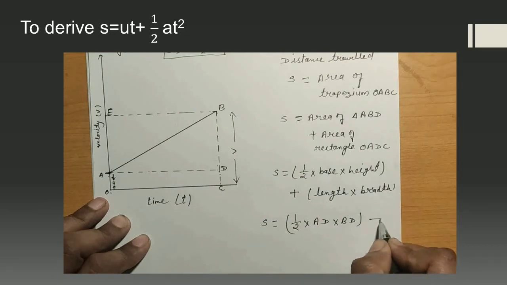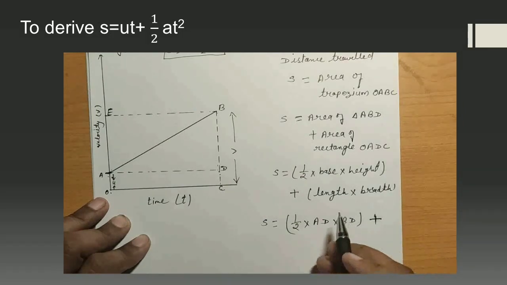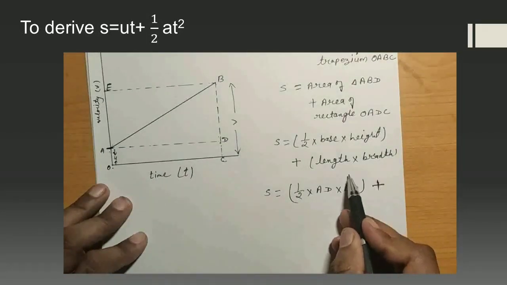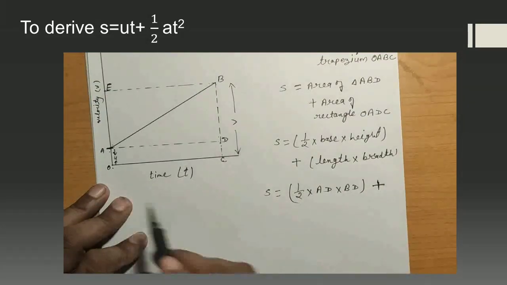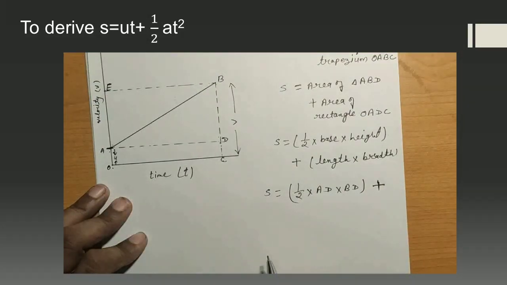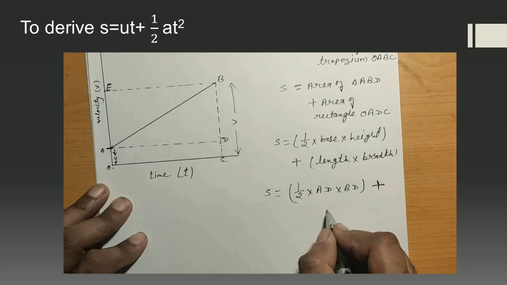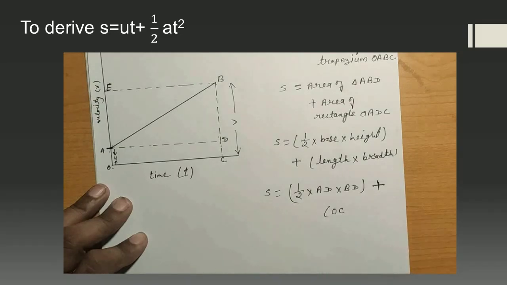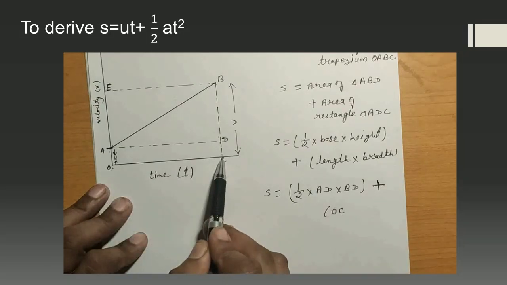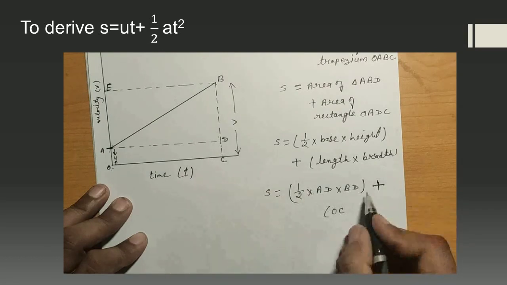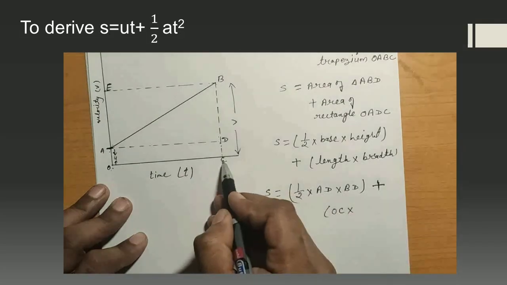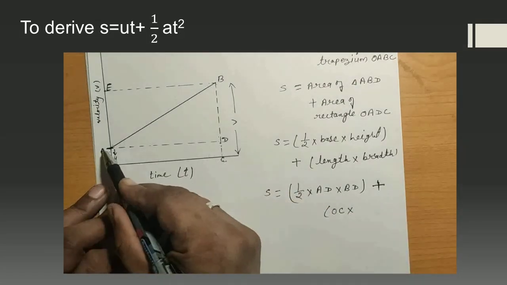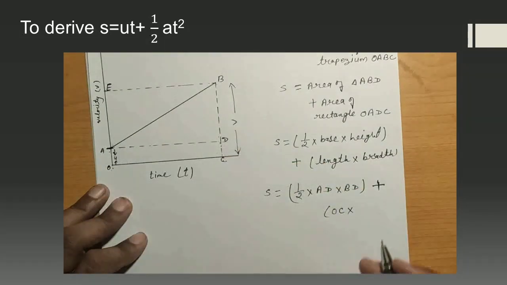Okay. Now plus, the length and breadth of this rectangle. What will be the length of this rectangle? This will be OC. Got it? Then what will be the breadth? Breadth will be OA, or you can write CD also.